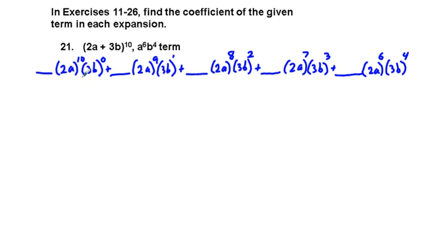And so we're going to fill in our coefficient. Numerically we'll say term 0, 1, 2, 3, 4. So our r value is 4. So in our nCr format, we have our n value, the power of the binomial expansion, 10, and our r value is 4.